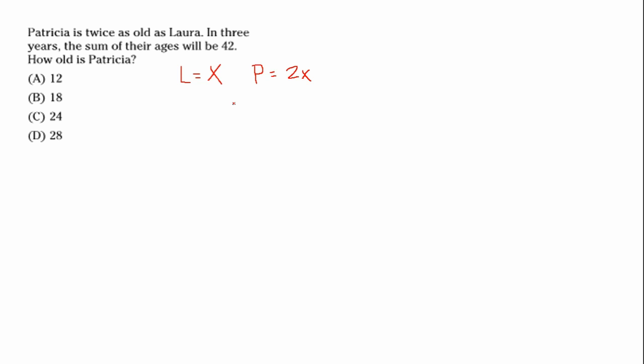In 3 years, the sum of their ages will be 42. So if we add 3 here and add 3 here, when we add them together, the sum's going to be 42. So let's go ahead and work that out. x plus 3 plus 2x plus 3 equals 42.